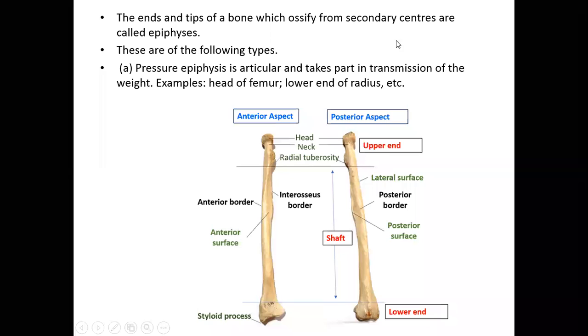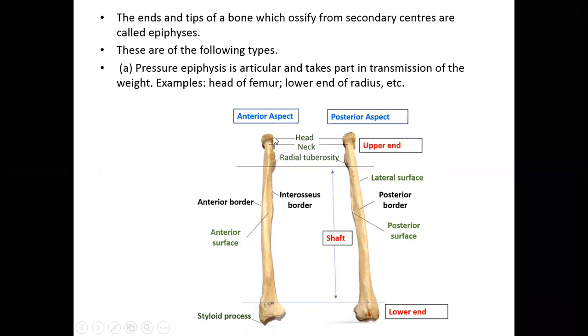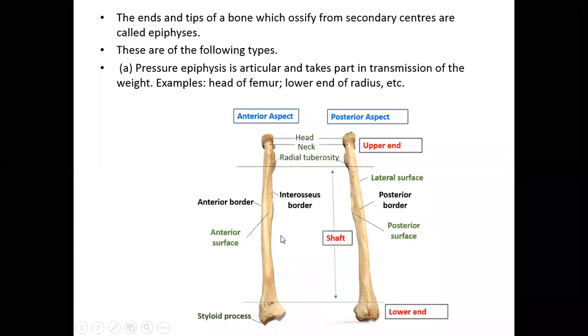Or you can say secondary ossification centers give rise to some part of the bones, the epiphyseal part of the bones, usually after the birth. There are some reasons why the secondary centers are going to give rise to epiphysis. So depending on that reason, we can classify the epiphysis into different types.